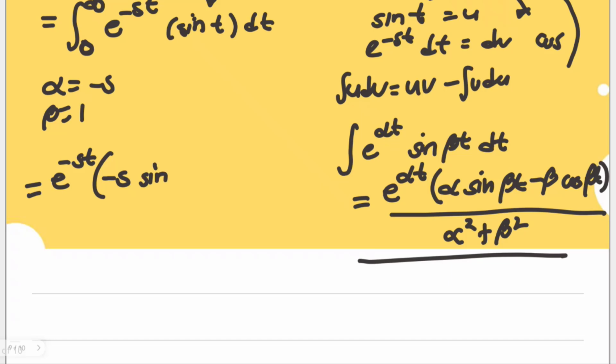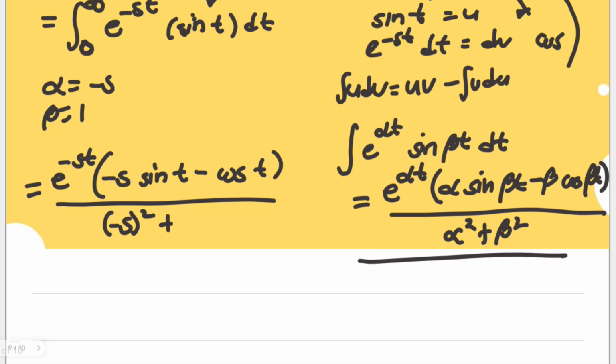Sine of beta t, which is 1 t, minus beta, which is also 1, cosine of beta t, all over alpha squared, or since it's alpha, the square of negative s plus the square of 1. This is evaluated from 0 to infinity, and again, the 0 to infinity talks about the value of t.